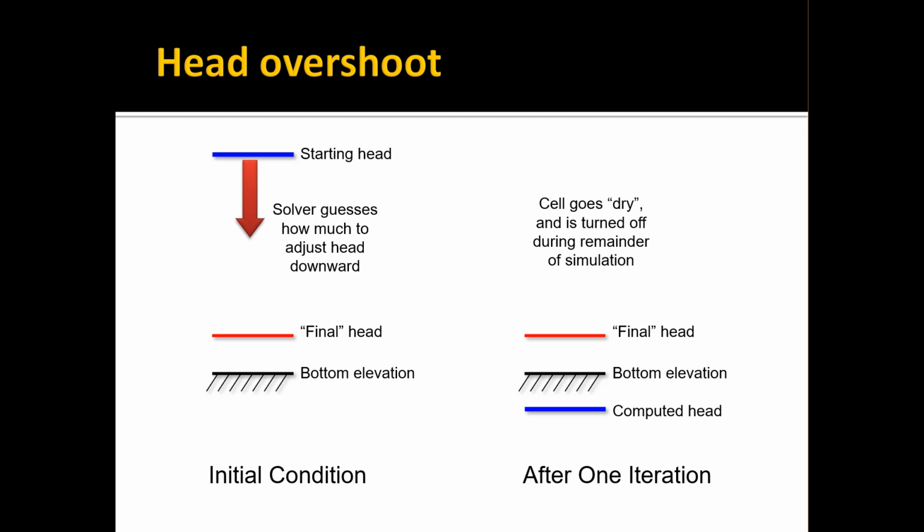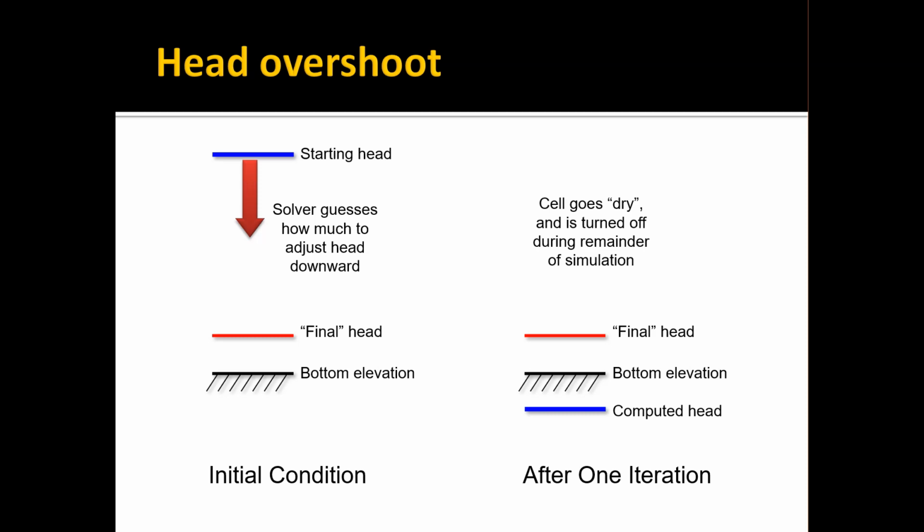If it moves it so far that it goes below the bottom elevation, then the cell goes dry and it's turned off during the remainder of the simulation. It shouldn't go dry, because if it were to properly solve it, that head would be above the bottom elevation. The only reason it's dry is because the solver moved it too far.